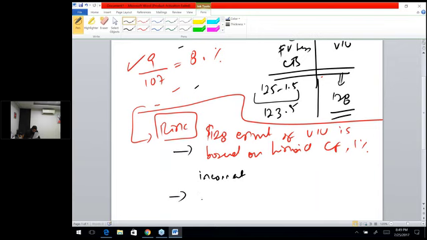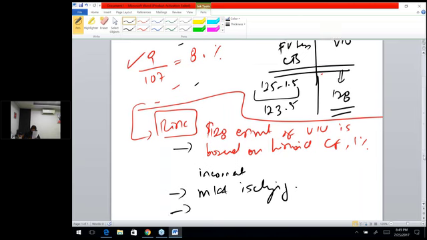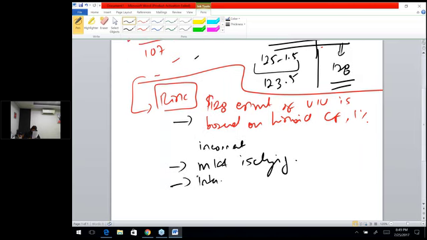The reason behind that is the market is changing. What is the market change? The market is changing towards internet sales. If the market is changing towards internet sales, how could you expect retail sales to go up? You can't expect retail sales to go up if internet sales are going up.